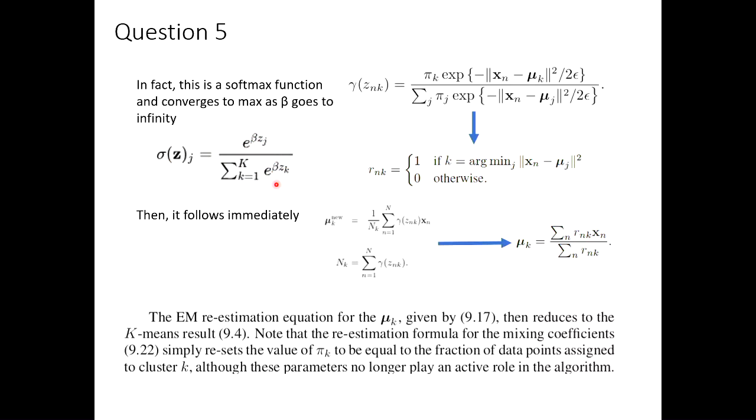As beta goes to infinity, this softmax function is actually a 1, 0 function that finds the maximum. And notice the responsibilities have all these e to the beta structures here, and an epsilon in the denominator. As epsilon goes to 0, that is the same as beta going to infinity. And the responsibility is like a softmax function.